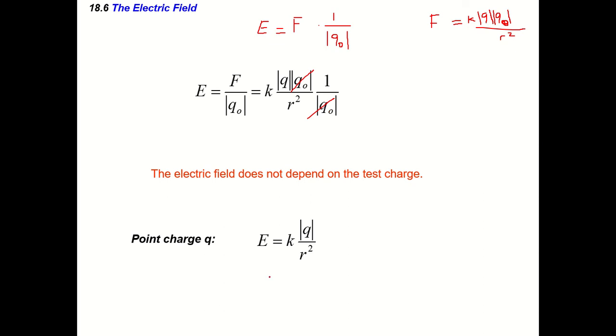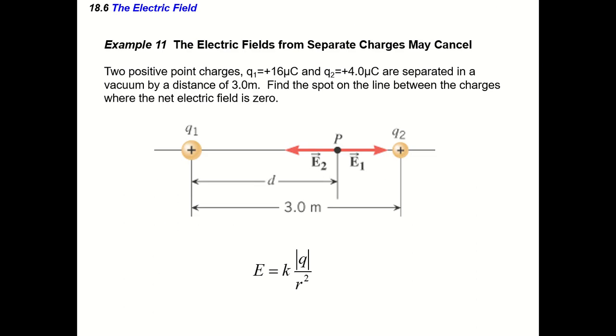So therefore, the point charge Q, we have the point charge Q equal to this. So another formula, derived from these two formulas. So we'll make use of this formula in our coming examples.